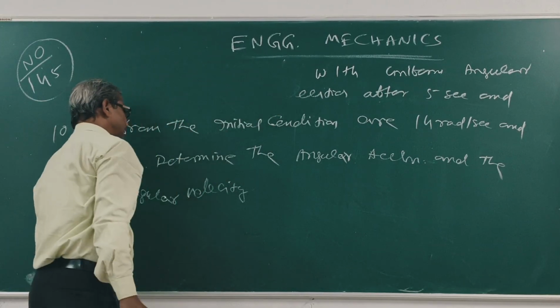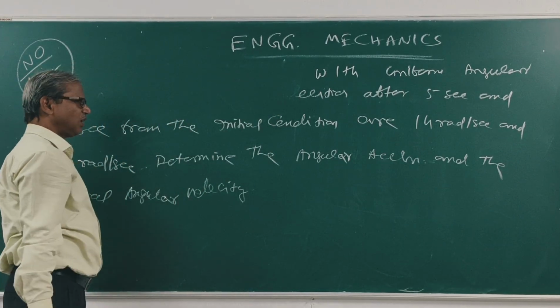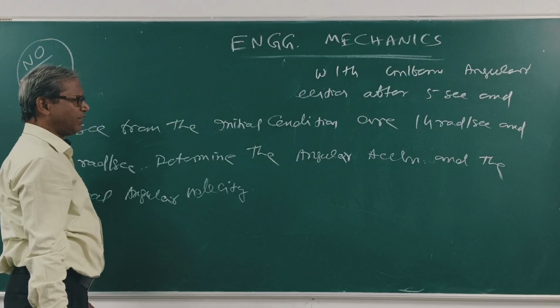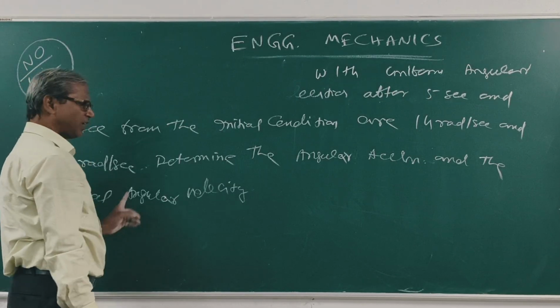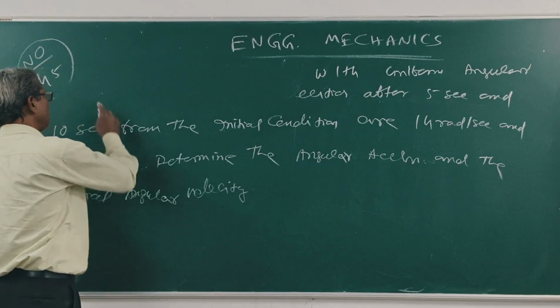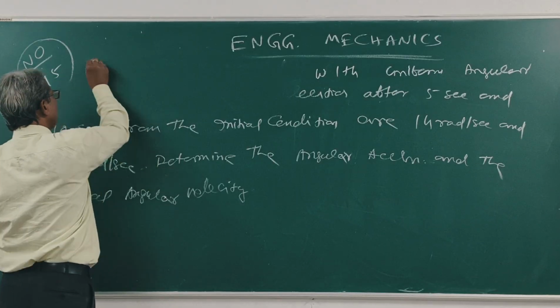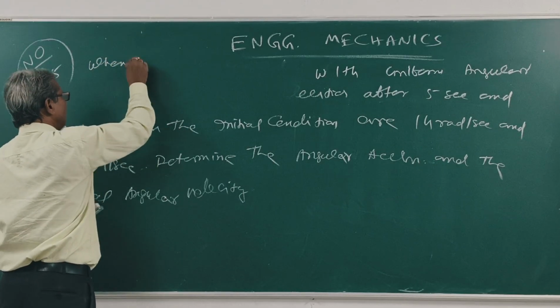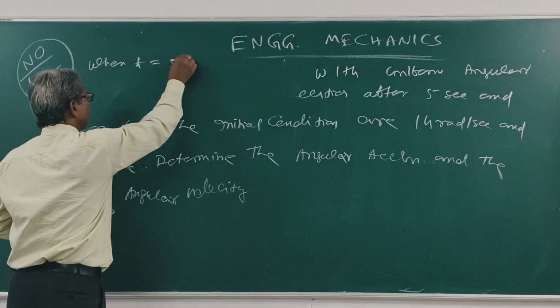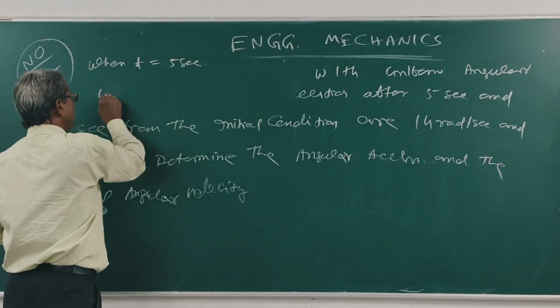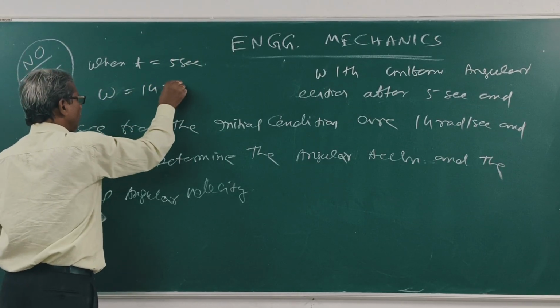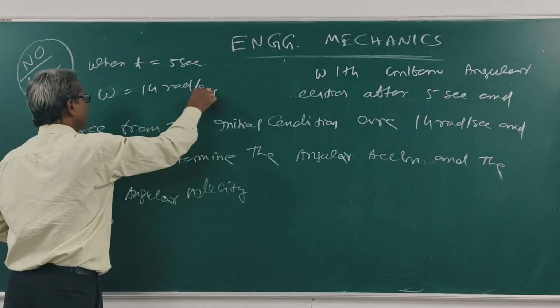Now first write the given data. After 5 seconds and 10 seconds, the angular velocities are 14 radian per second and 24 radian per second. So case 1: when t is equal to 5 second, omega is equal to 14 radian per second.